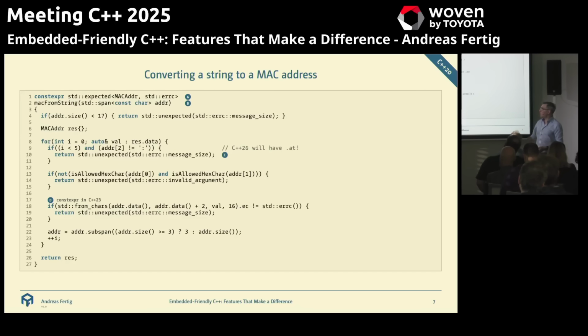And especially parsing comes in really handy here. You can create a subspan, for example, down here. You can access values with either the array index operator or, as we will see later, with an at member function. So this is the more C++ style to maintain your C-style arrays.